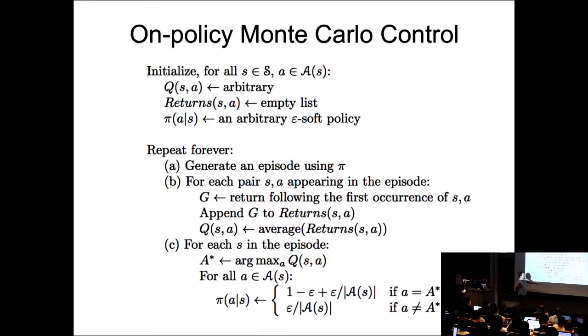Yes? Slide. What's the intuition behind dividing by the size of the action space? Here? You can choose an epsilon that is just epsilon. Yeah. I think it just basically tells you that no matter how big your action space is, whether you're taking 2 actions or 20 actions or 1,000 actions, this is just saying how much probability mass you want to allocate for taking non-optimal actions. That's all. You can define epsilons to be however you want.